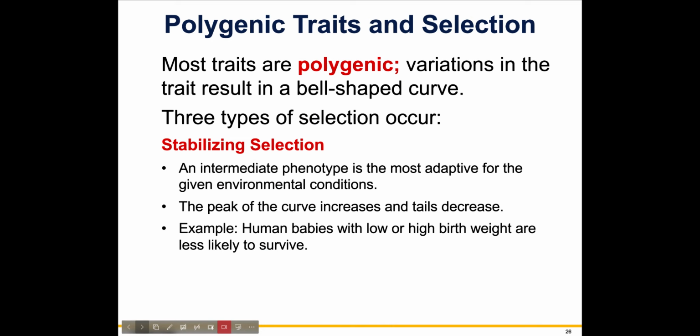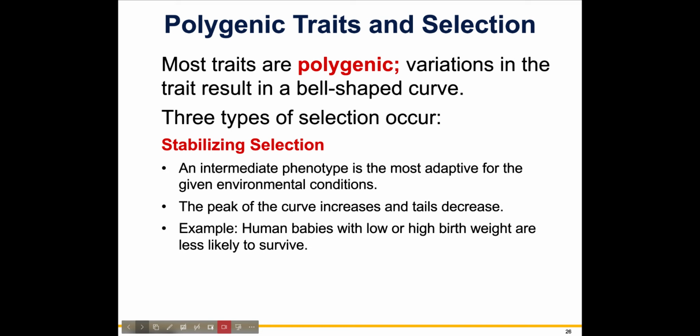That's where that intermediate, that middle phenotype is the best for the environmental conditions. And so we see the peaks, the other parts of that variation kind of shrink away to stabilize us at that middle. A great example is human babies.